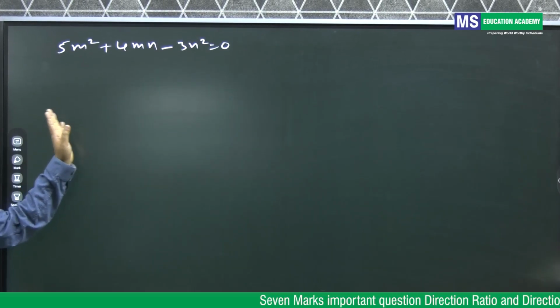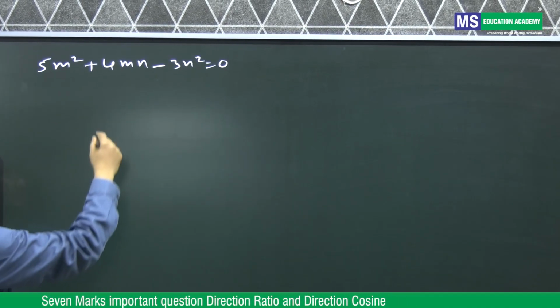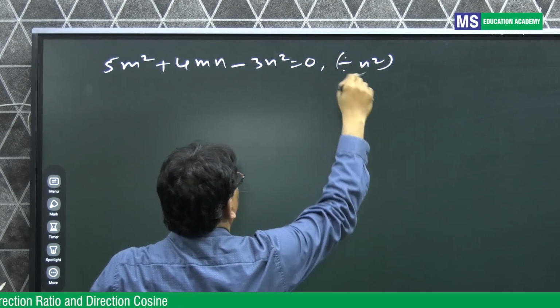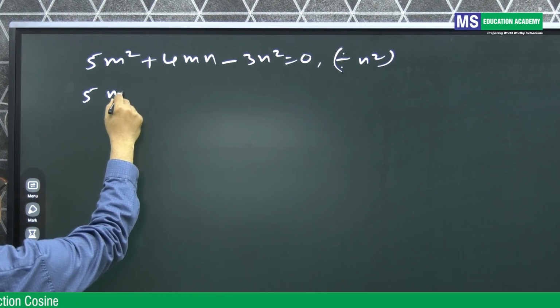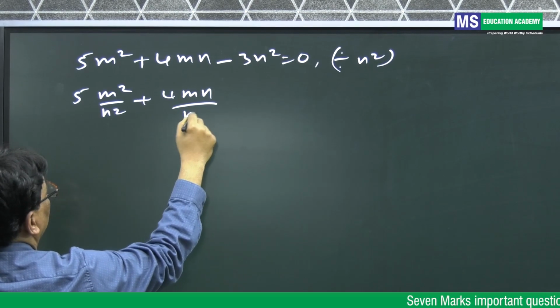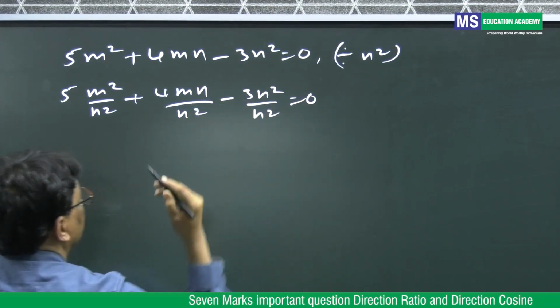Here also we cannot get the factors. Check, the factors do not come. Because the factors do not come, we divide with n square here. Then 5 m square by n square, 4 mn by n square, minus 3 n square by n square equal to 0.